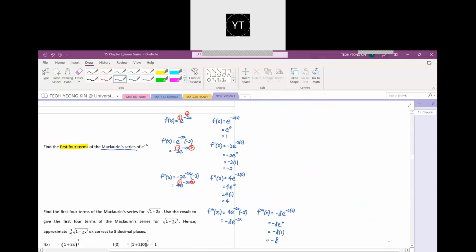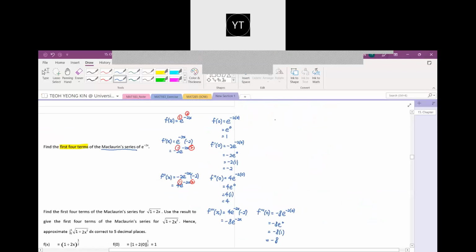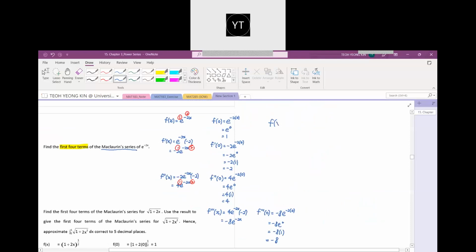Next, we will find the Maclaurin series. In the Maclaurin series, f(x) equals f(0) plus f prime 0 over 1 factorial times x plus f double prime 0 over 2 factorial times x squared plus f triple prime 0 over 3 factorial times x cubed. So we just have to substitute the value: f(0), which is 1, plus f prime 0 is negative 2.